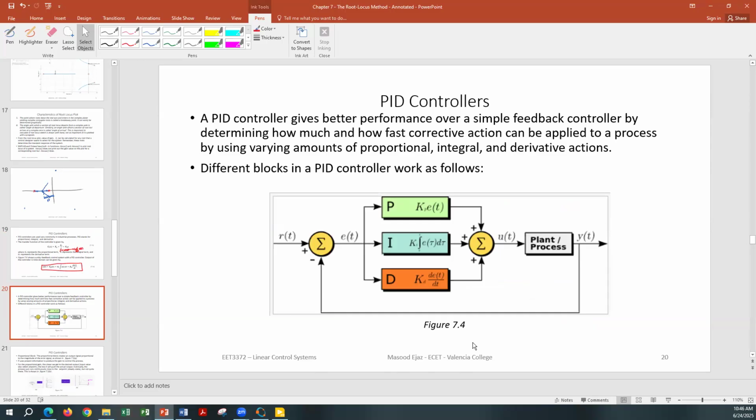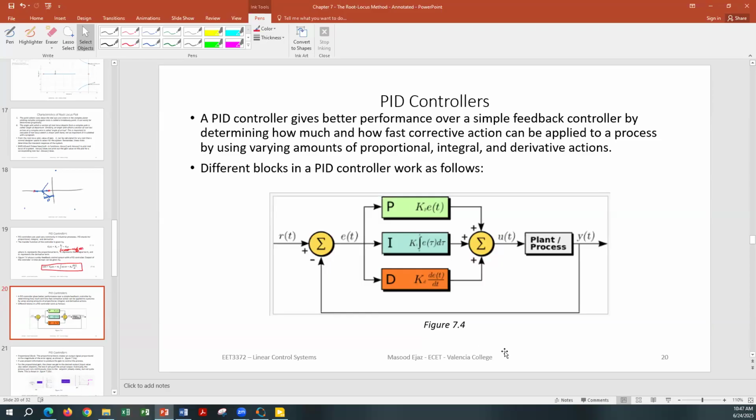Your error function is going into each one of them. The proportional path takes that error function and multiplies it by a gain. The integral path takes the integral of the error function, and the differential path takes the differential of the error function. All three outputs are added together, and that goes into your process, G(s).